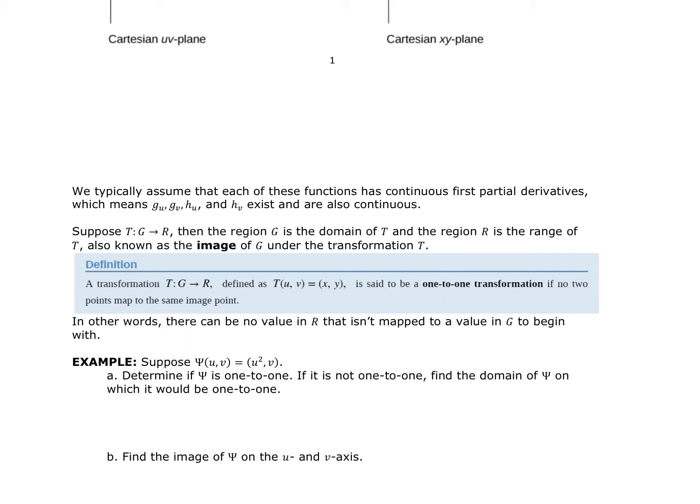So in other words, there can be no value in my R that isn't mapped from G to begin with, and I can't have two values in G be mapped to the same value in R.